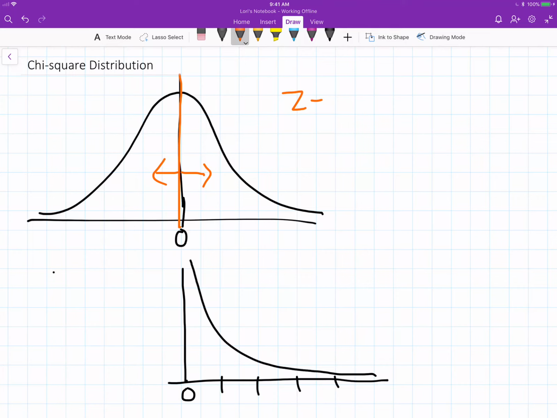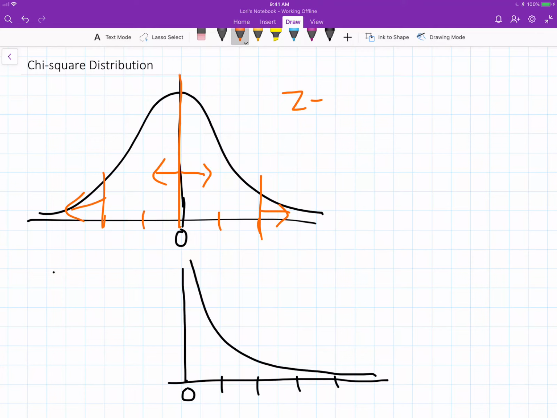And the value of the Z statistic above and below 0 is correlated with a p-value that tells you the probability of obtaining a Z statistic that extreme or more extreme. So in other words, if we have a Z statistic of 2, the p-value tells us how much would be beyond 2.